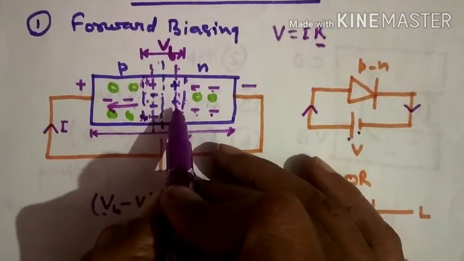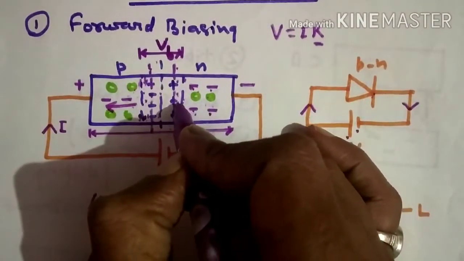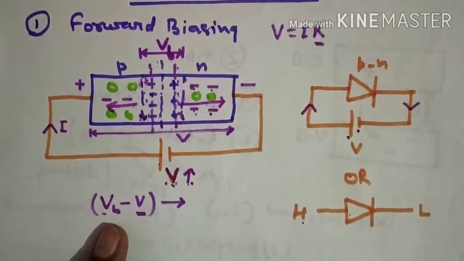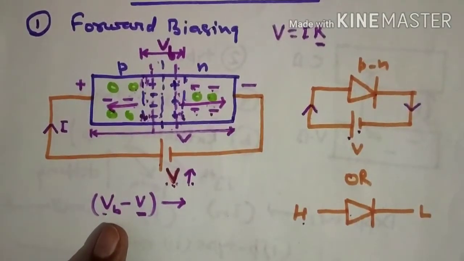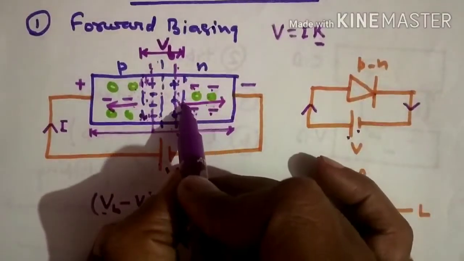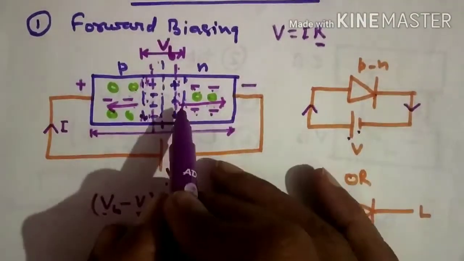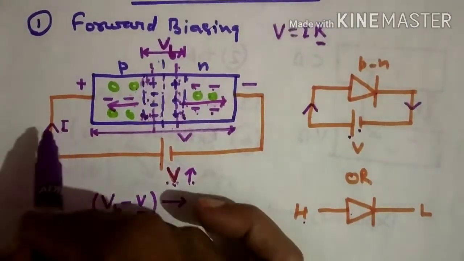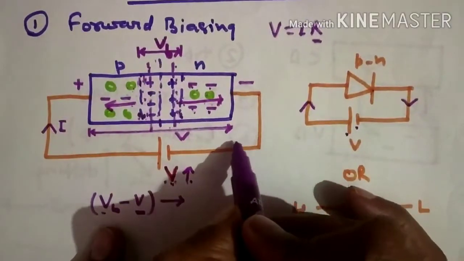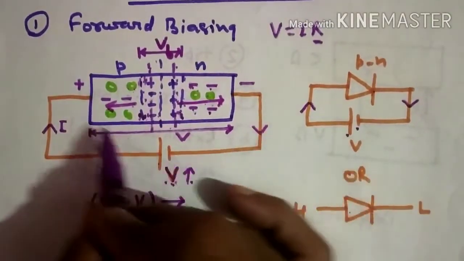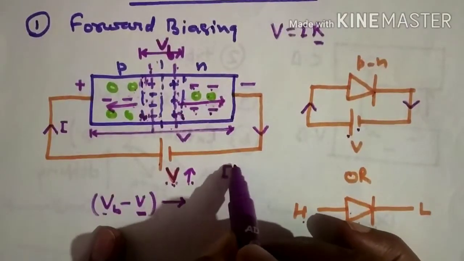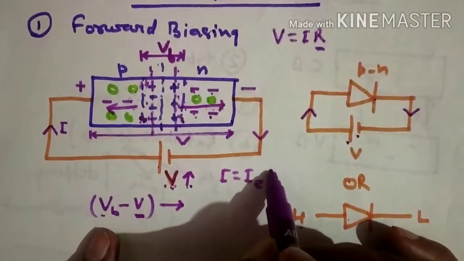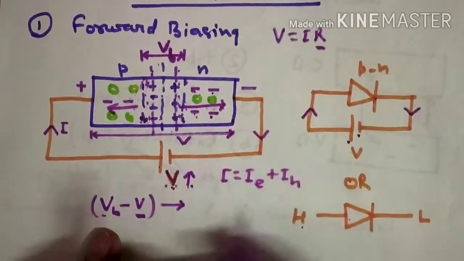Therefore, the diffusion of holes will start from the junction toward the terminal on the N side of the diode. And here it will be a diffusion current of the holes. Thus, the total current in this diode is due to the current of electrons plus the current of holes.